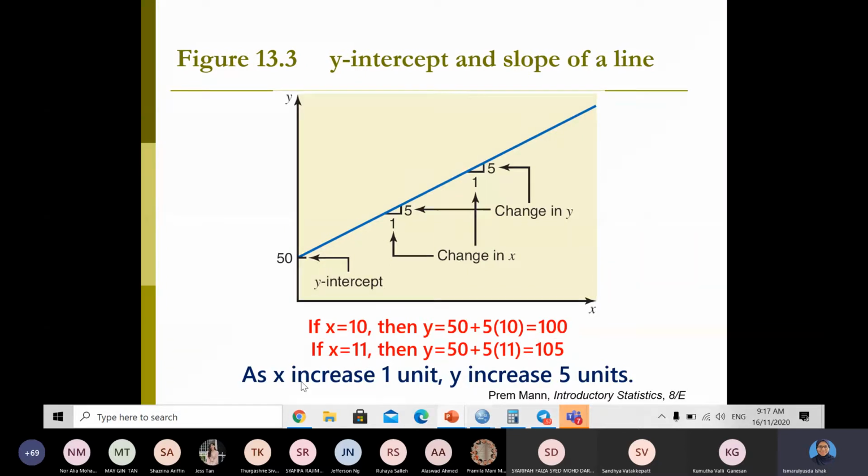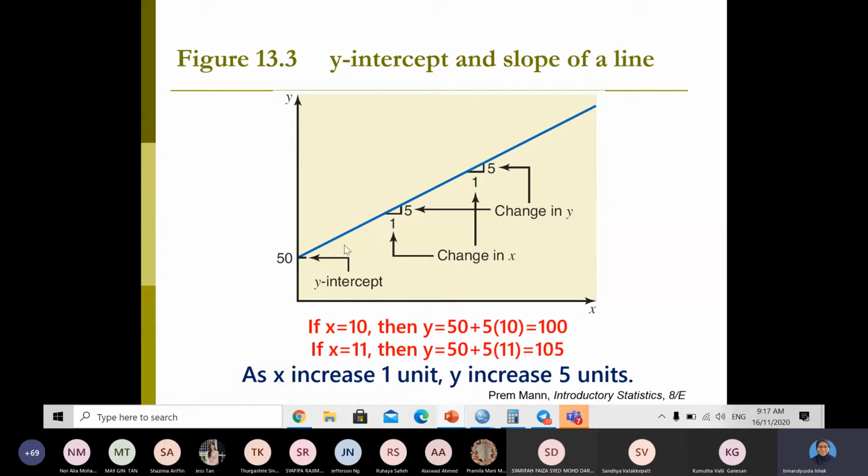So this means if x increases 1 unit, y will increase 5 units. This is the basic of regression, where you can predict one variable using another variable.